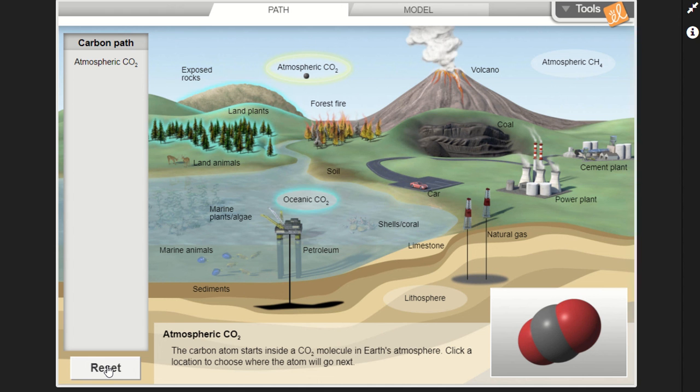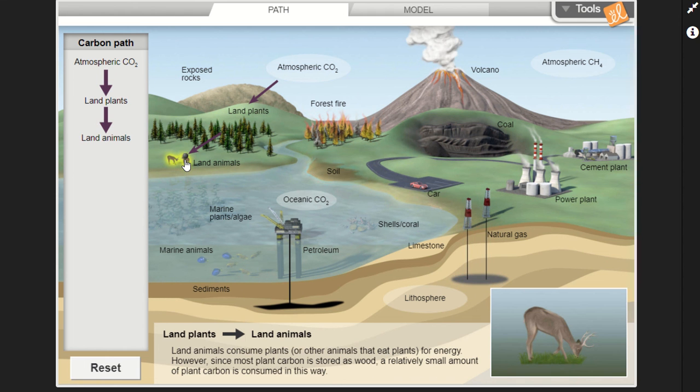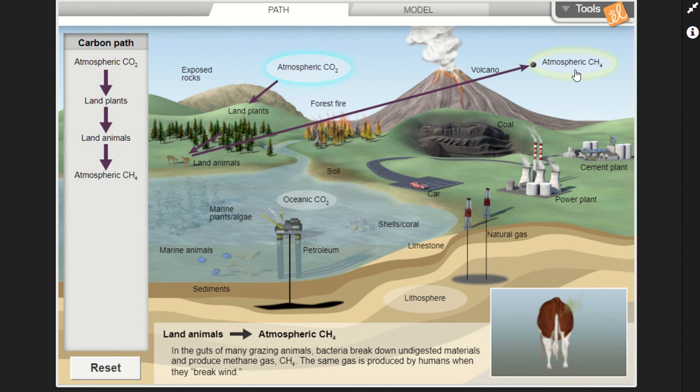Letter B, on number 5, humans raise large amounts of cattle for their food. How will these herds of cows affect the Earth's atmosphere? So we already know cows have to eat the plants. The plants did photosynthesis, so the cows are going to do cellular respiration and create CO2, and cows also create methane gas.